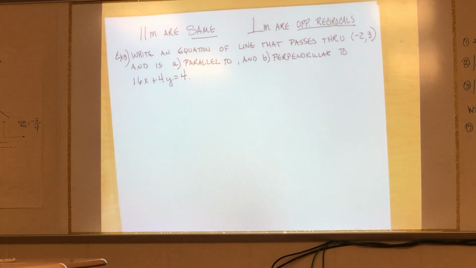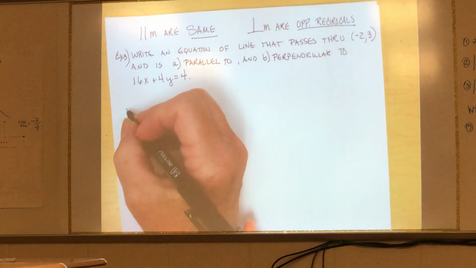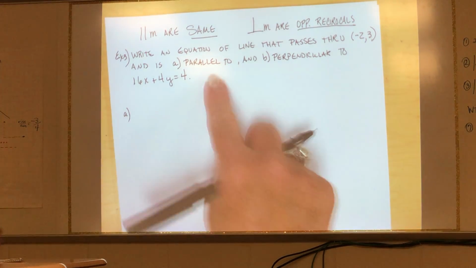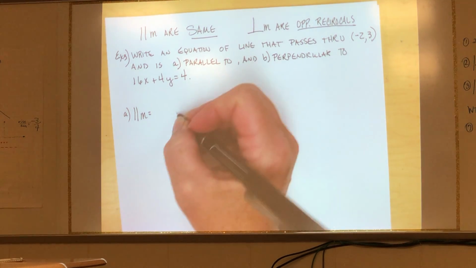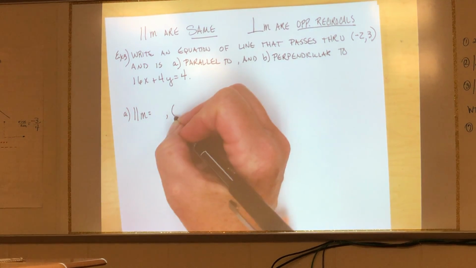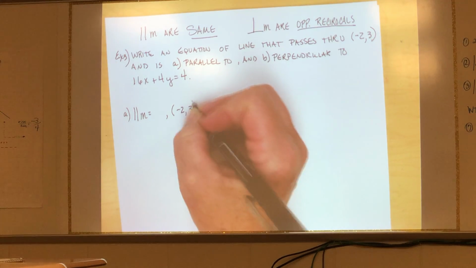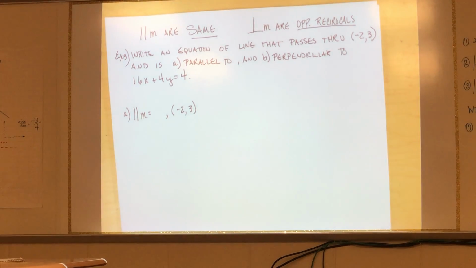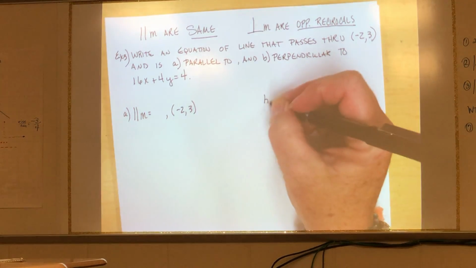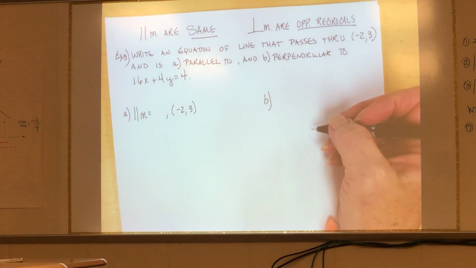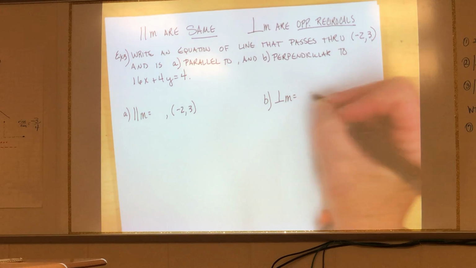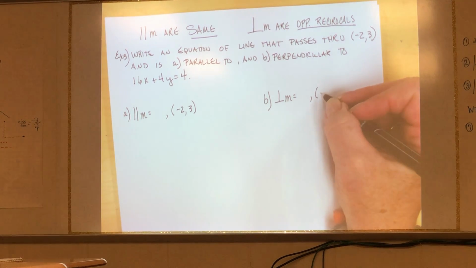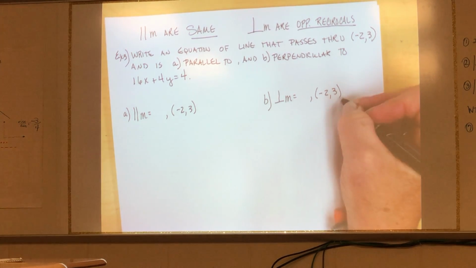There's an A part and there's a B part. A part says, I want a parallel slope and he is going to pass through the point -2, 3. Do you agree with that? B part says, I want a perpendicular slope, and he's still going to pass through the point -2, 3.